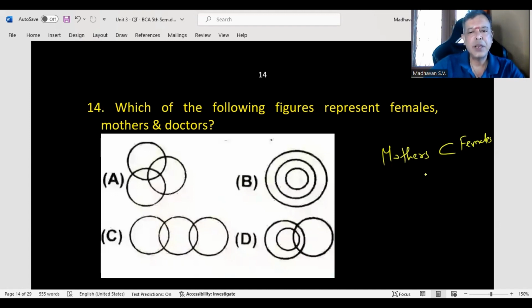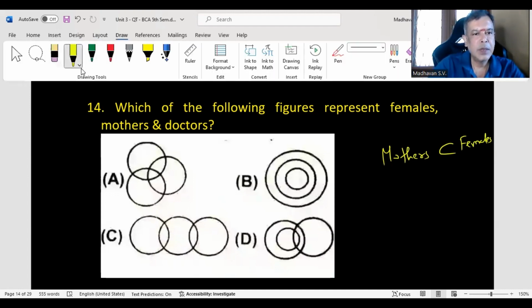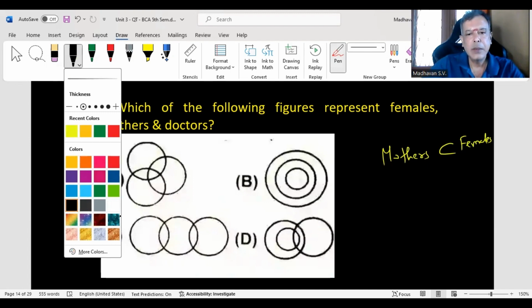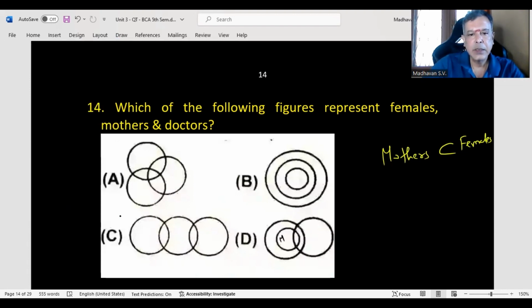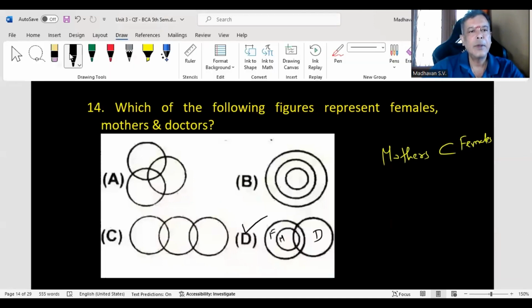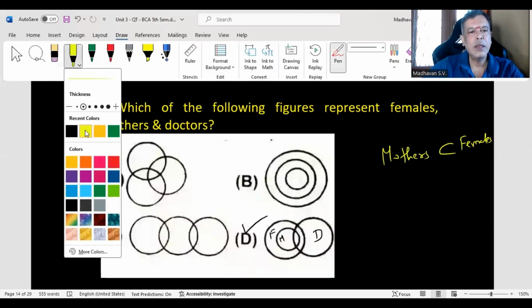That means the right option here will be, I will write here, let me use some other color. Yeah. So now, females, mothers, I will write here, and then this is females, and this will be doctors. Means mothers can also be doctors, females can also be doctors. So the right option will be option D. Now let us move on to the next one.